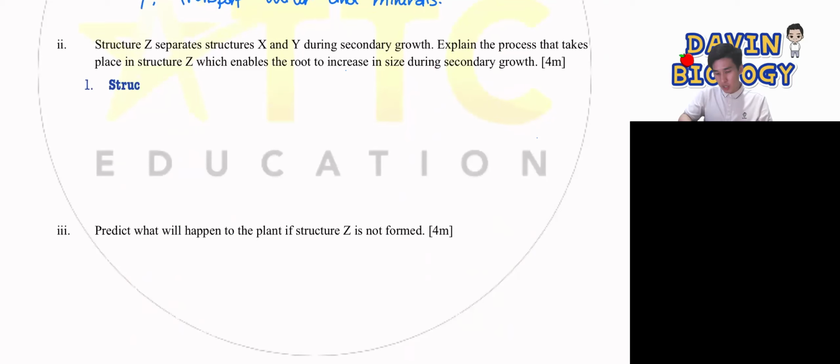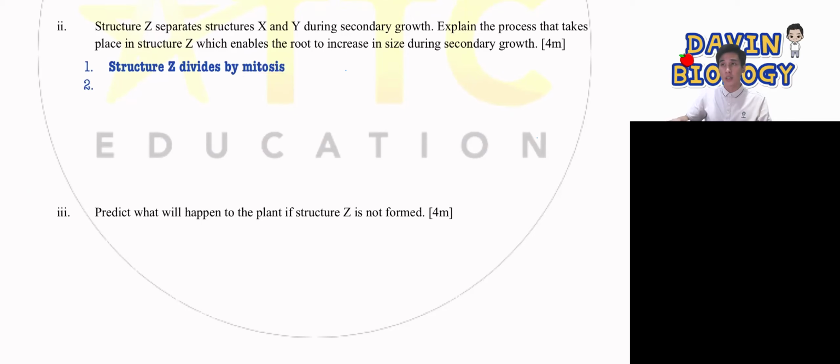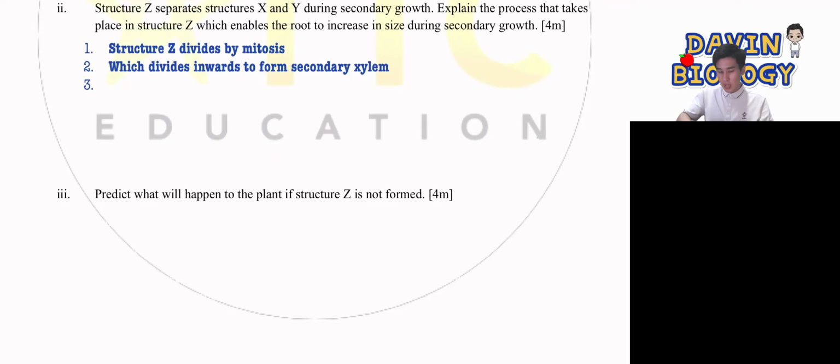So you can say structure Z, which is your vascular cambium, divides by mitosis, which divides inwards to form secondary xylem and divides outwards to form secondary phloem. Yes, you are right. Exactly.